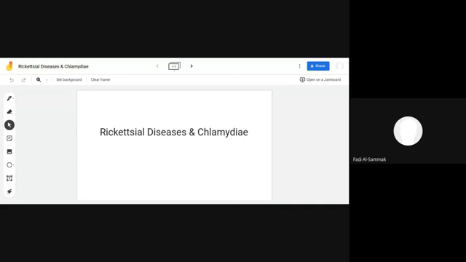But another thing to note is that Rickettsiae can be isolated and grown in cell culture. So there should be some cells in order to grow these microorganisms.